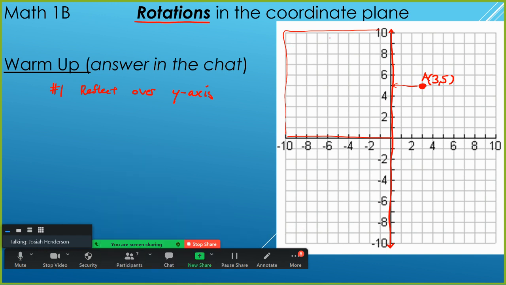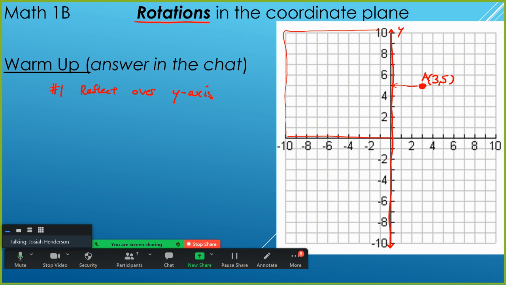So here's a trick. We didn't really do this the last 2 days, but a little trick you can do if you're reflecting by hand is count the actual squares, kind of like how we use the units and the squares when we're doing slope. If I'm folding point A over the y-axis line, right in the middle, how many squares or units is it away?